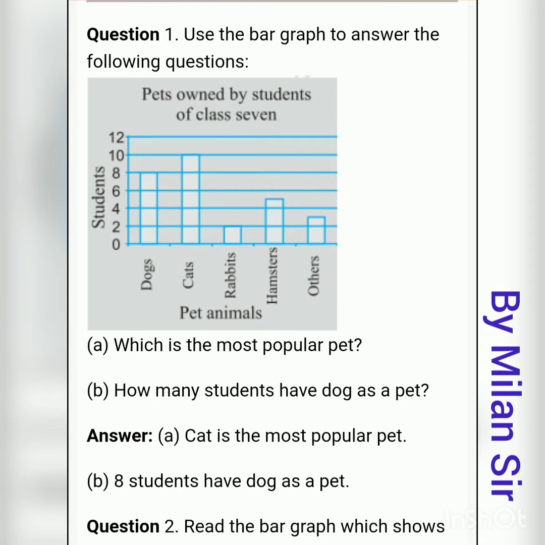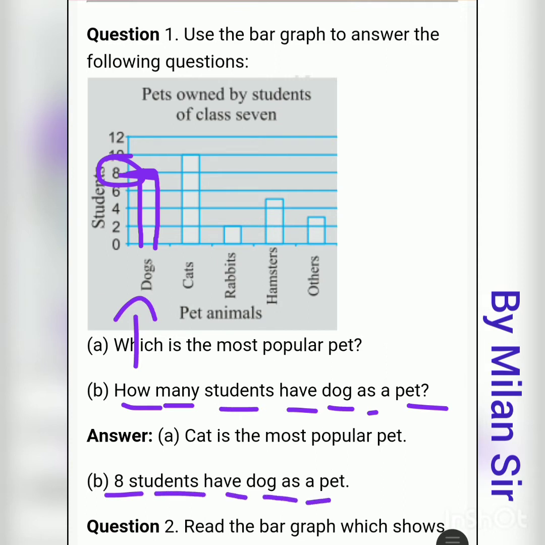How many students have a dog as a pet? For dog we need to check this column. This bar is up to the height of 8 students. So the answer is 8.